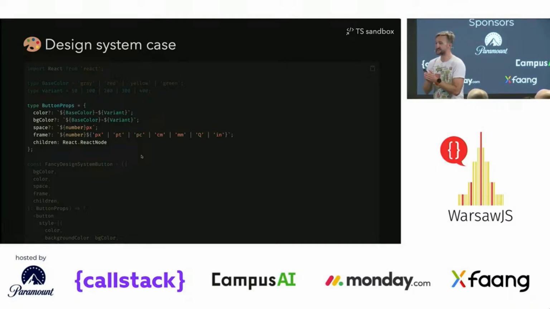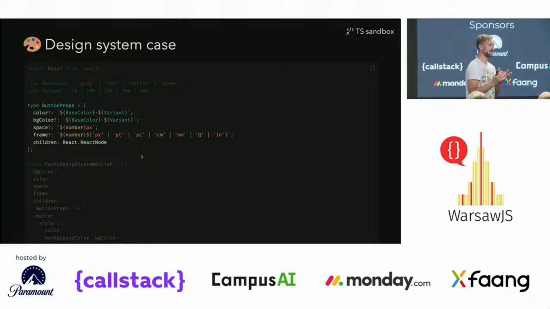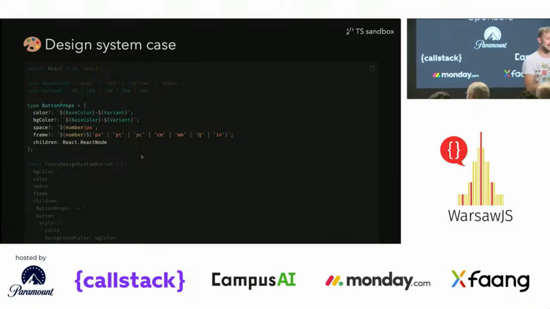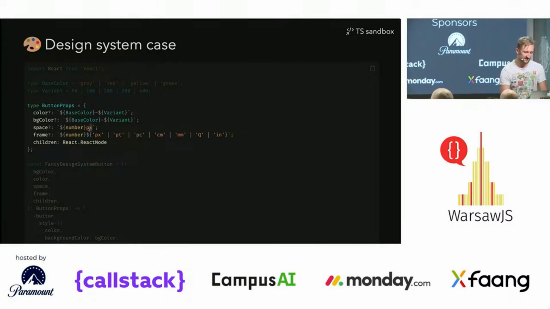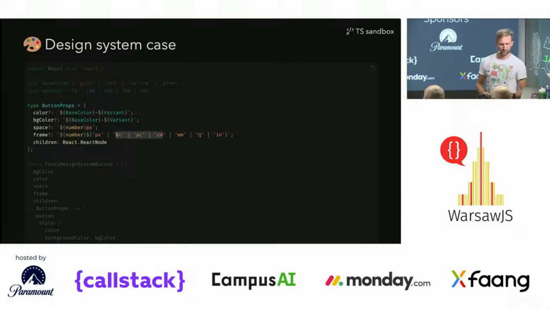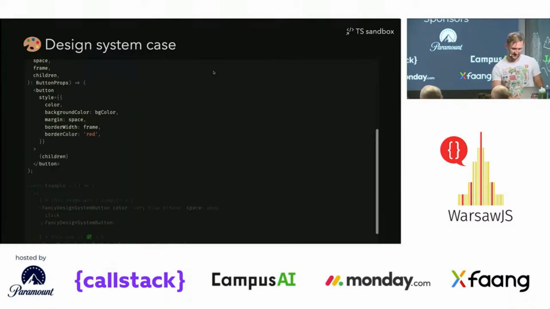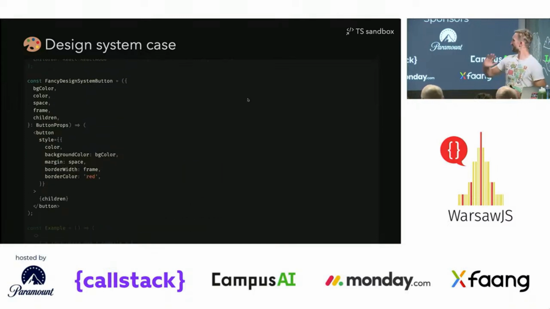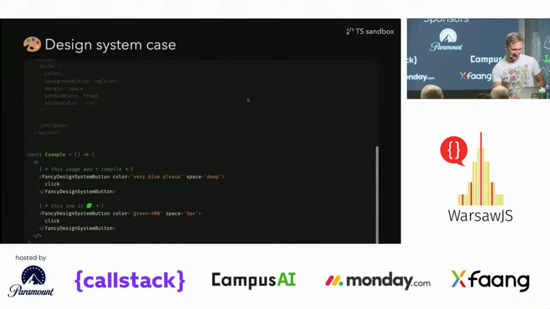There is some spacing, some framing, which is also some set, or at least it requires some suffix like pixel or one of the other popular units, which you might recall. And let's use it in our fancy design system.